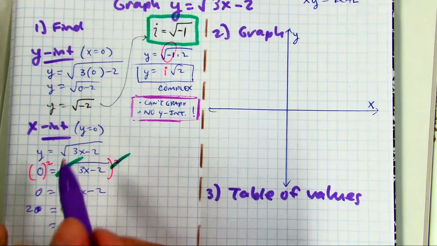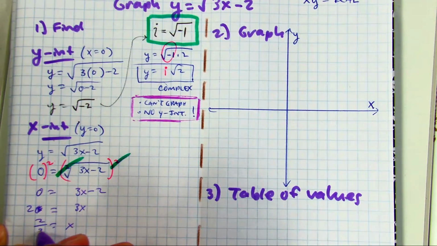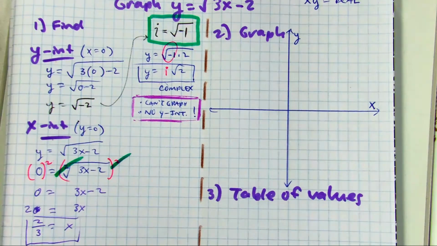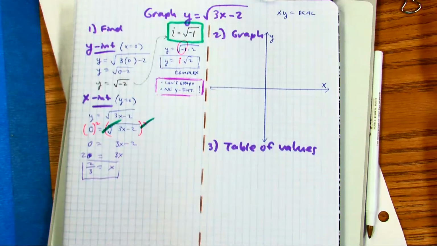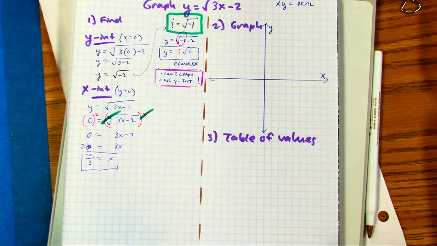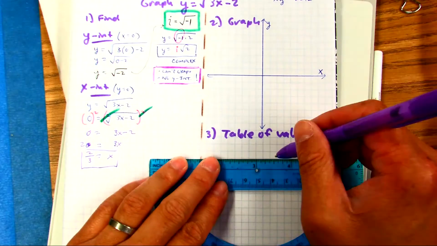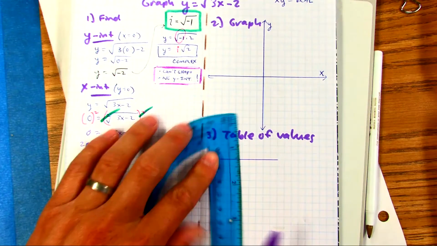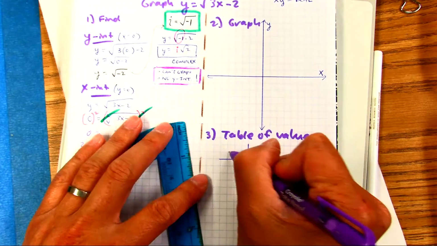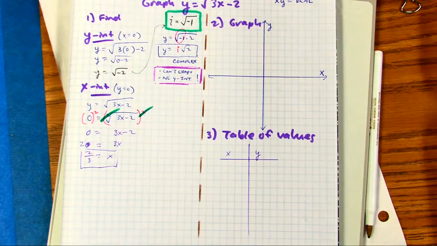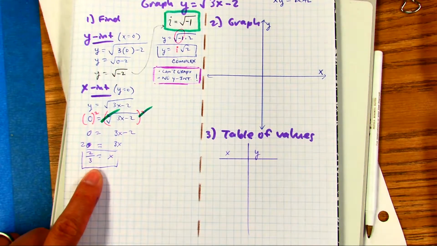Let's get a table of values. Class, what's the ordered pair? Two over 3, comma 0.